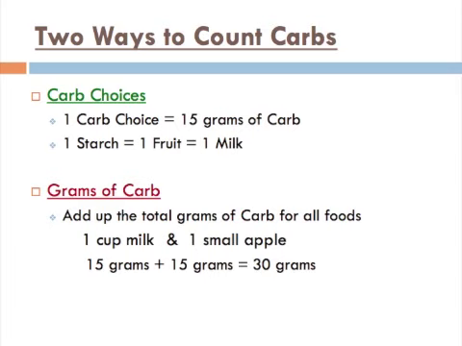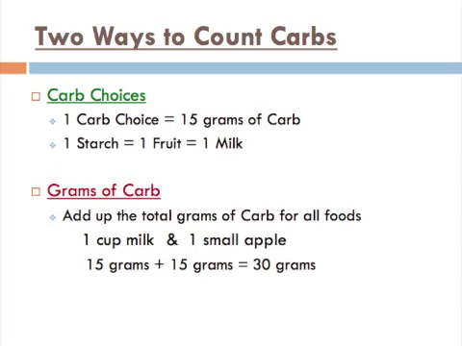Choices seem to be an easier concept for some people, especially elderly people. If you can teach them portion size and then just say you can have 3 carbohydrate food choices at each meal, that seems to be an easier concept than having them count the grams of carbohydrate.